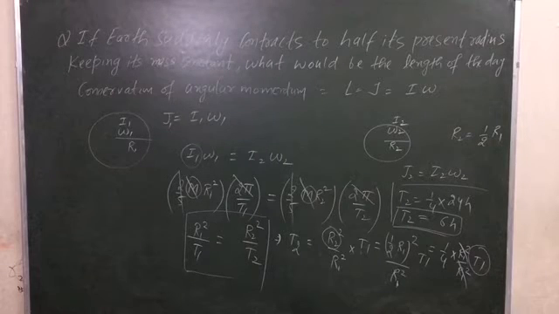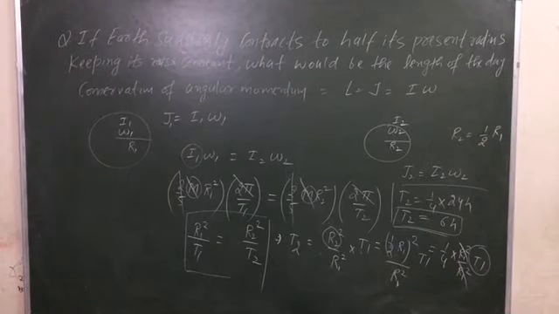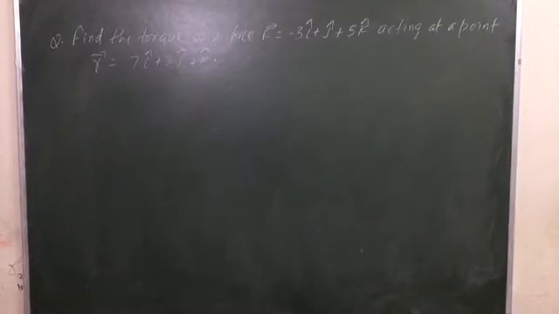In the second case, I2 is given by 2 by 5 m r2 square and omega 2 is given by 2 pi by T2. 2 by 5 m cancels out, 2 pi cancels out, r2 square divided by T2 is equal to r1 square by T1. From this we can find the value of T2, the length of day, and length of day is 1 by 4 into T1. T1 is 24 hours, therefore 6 hours. Therefore the answer is 6 hours.